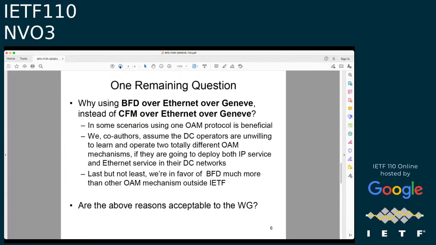Number 3, last but not least, the authors are in favor of BFD much more than other OAM mechanisms outside IETF, such as CFM, that is defined in IEEE 802.1. Next slide, please.